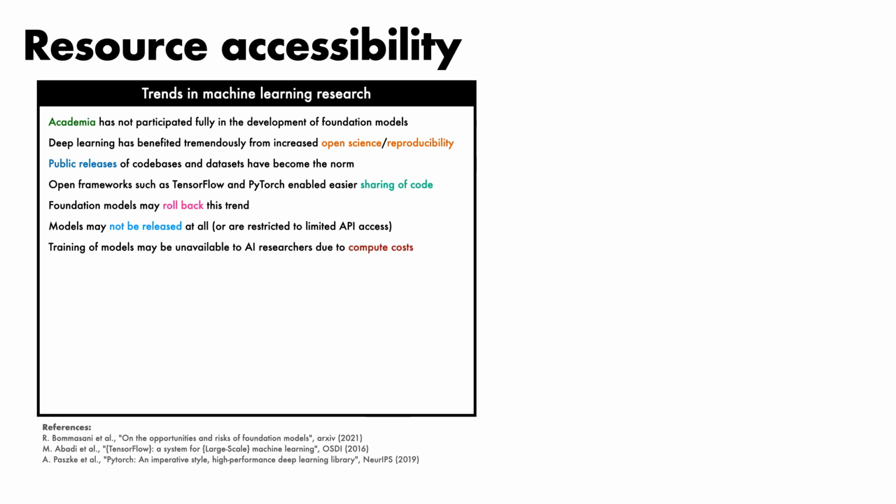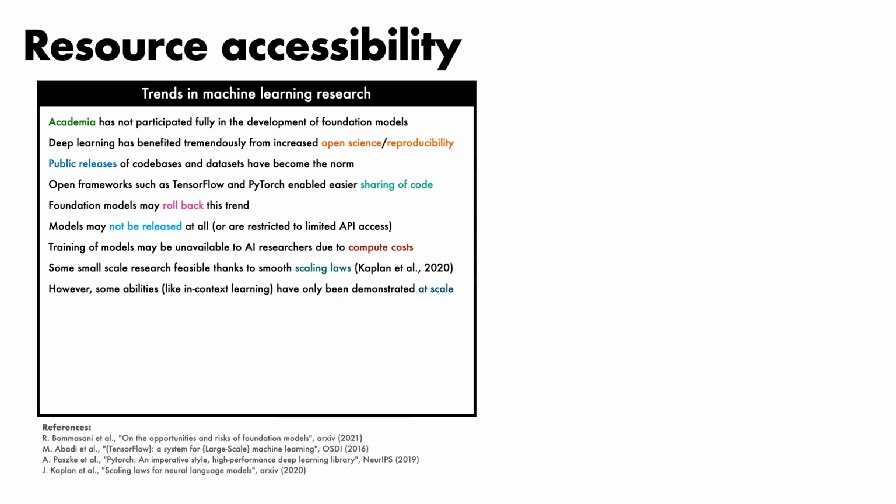In other cases, trained models may be released, but the actual training of models may be infeasible for AI researchers due to compute costs. It is possible that some small-scale research on foundation models is feasible within regimes dominated by smooth scaling laws. However, some abilities, such as in-context learning, have only been demonstrated at large scale, and thus it requires scale in order to study them.